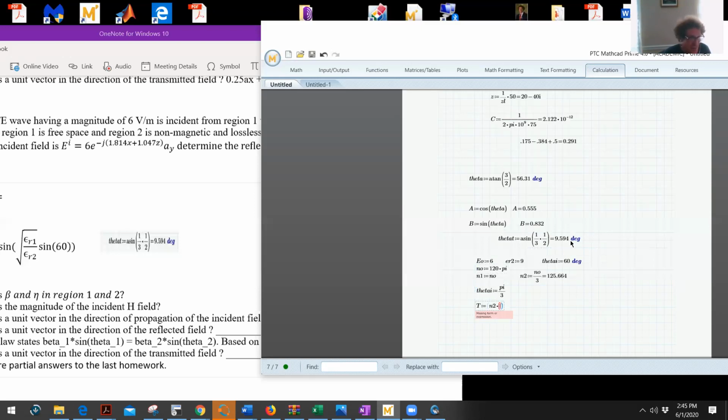Now I put in the equation. If you look in your books, this is going to be cosine of theta incident, and then it's going to be minus eta 1 times cosine of theta transmitted.